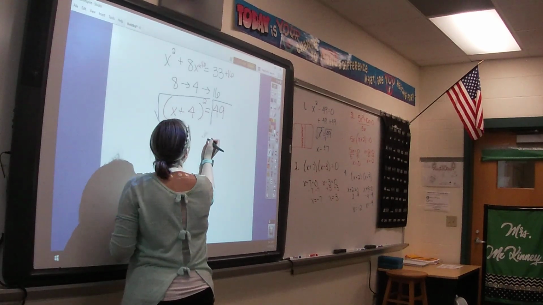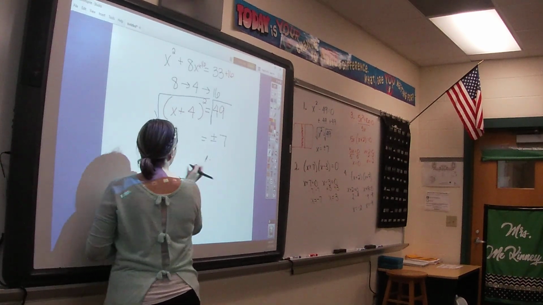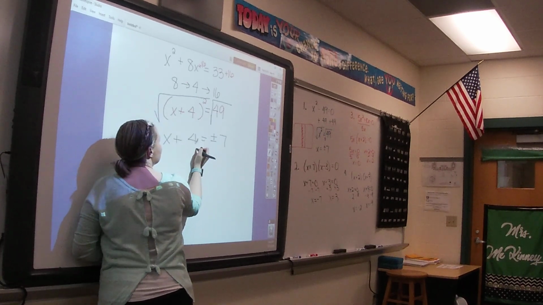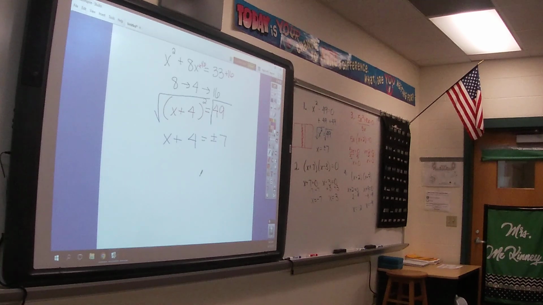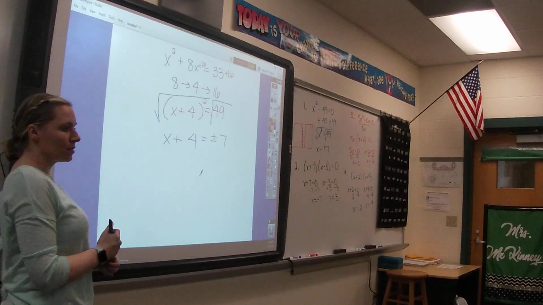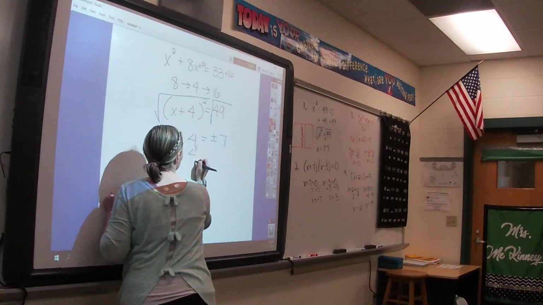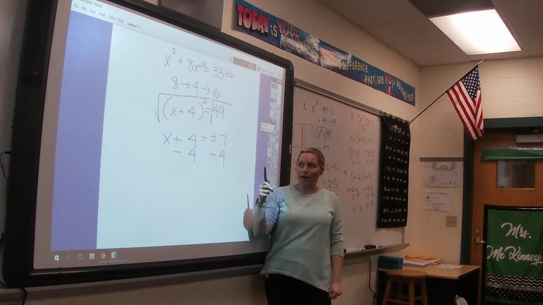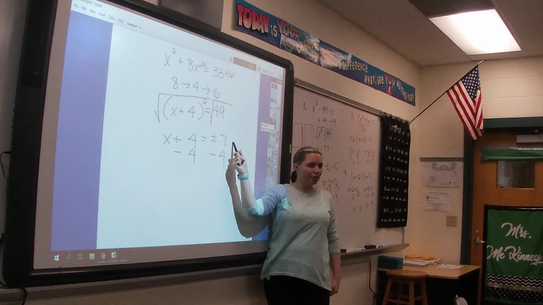What is the square root of 49? Plus or minus 7. Those just cancel out, right? How do I undo adding 4? Subtracting. How many numbers is this? 2.